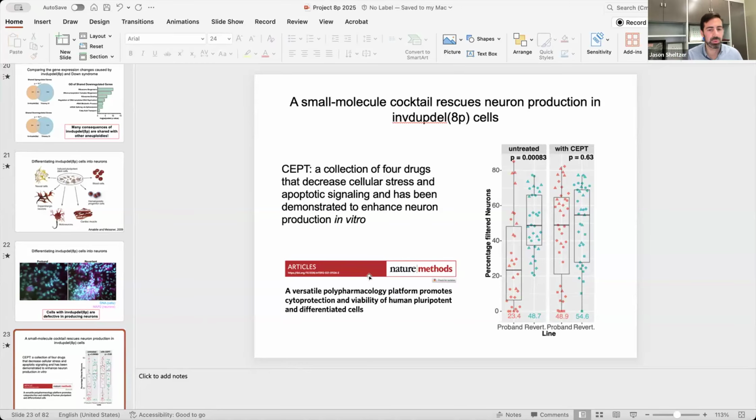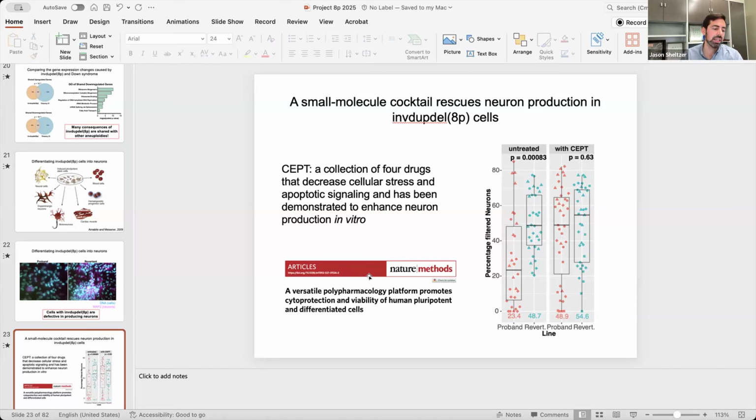These researchers were not thinking about aneuploidy, they were not thinking about 8p syndrome. They were thinking, how can we make neurons most efficiently in cell culture, towards making a treatment for stroke or some other neurodegeneration condition.